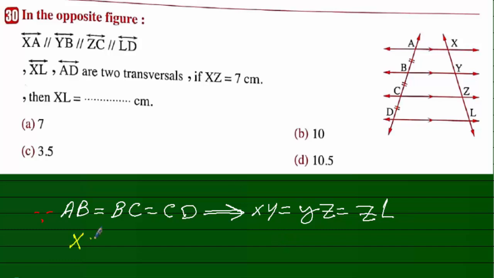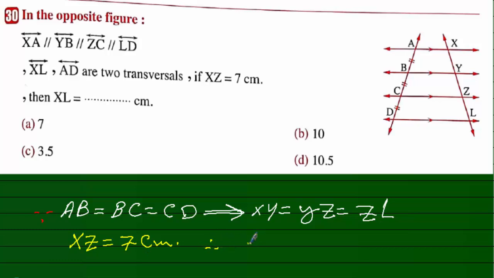We have XZ equals 7 centimeters, and the required is to find the length of XL. So let us calculate it. We have XZ equals 7 centimeters.